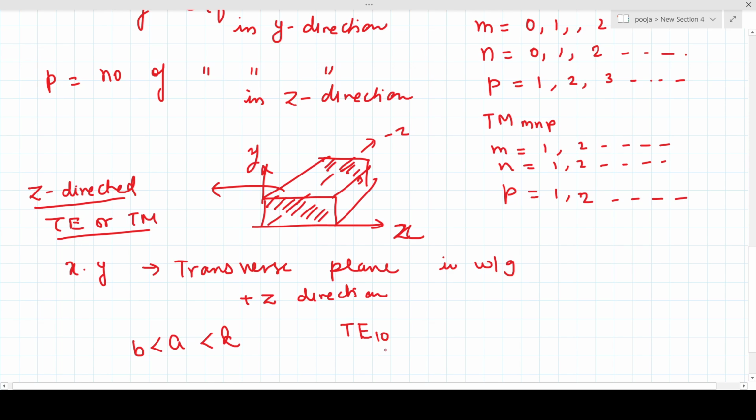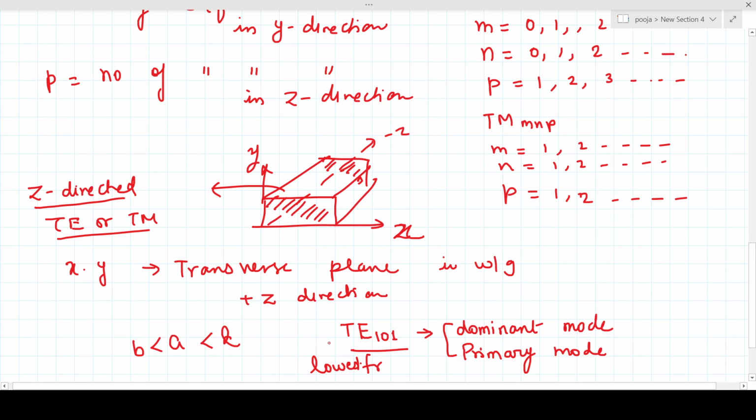Here we have the mode which has the lowest resonant frequency, TE101 mode. The mode having the lowest resonance frequency is called the dominant mode or the primary mode. This mode is TE101 mode.